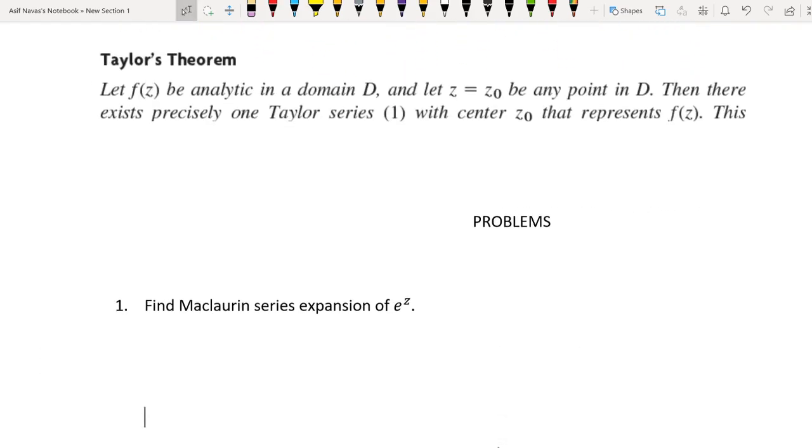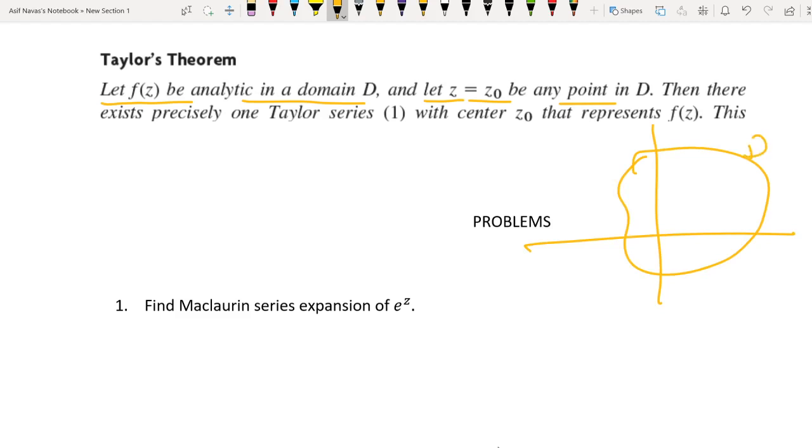One of the important properties is: let f of z be analytic in a domain and let z equal to z naught be any point in the domain. Suppose this is the complex plane, this is our domain.